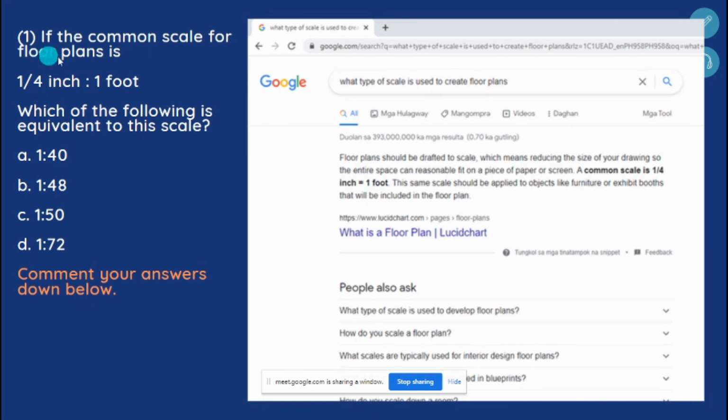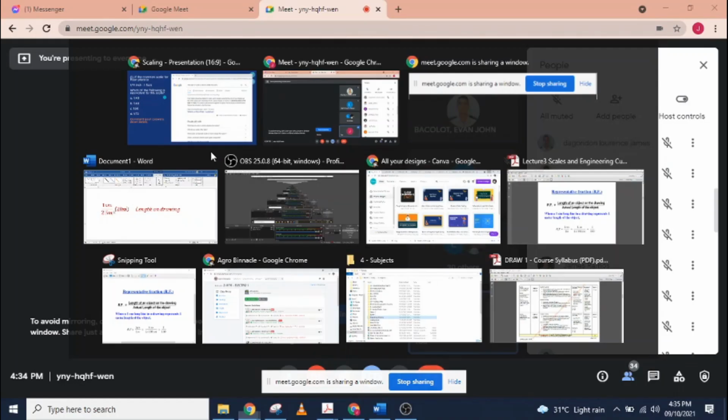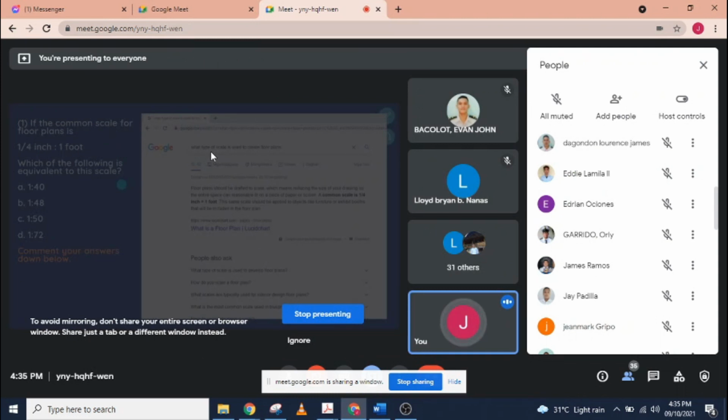Now, the question is, if the common scale for floor plans is 1/4 inch to 1 foot, which of the following is equivalent to this scale? Okay class, try to calculate this one. 1/4 inch is to 1 foot.